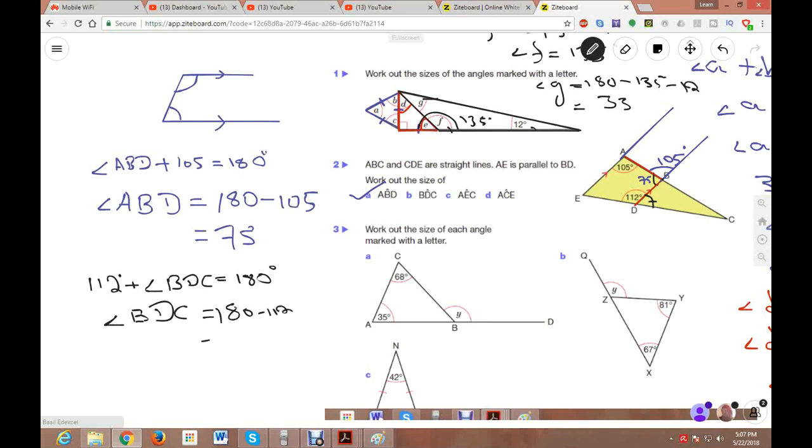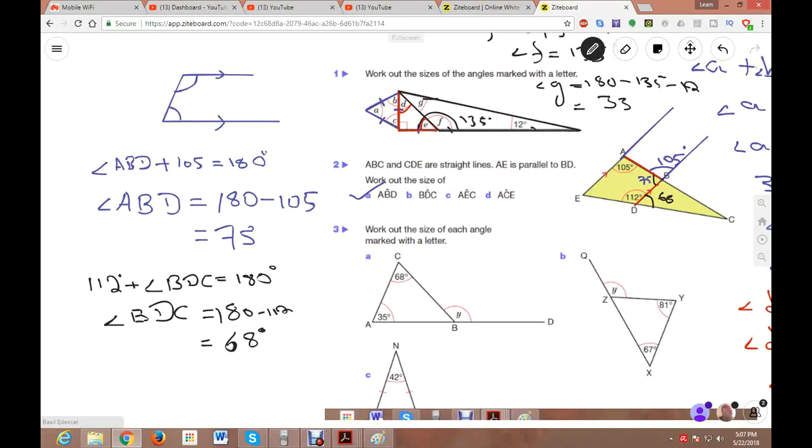What does it give? 68 degrees. So this is your beautiful 68.